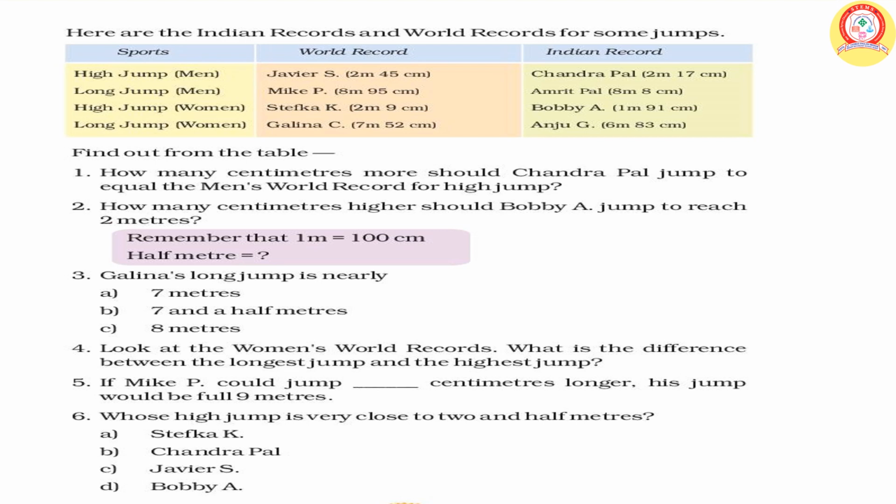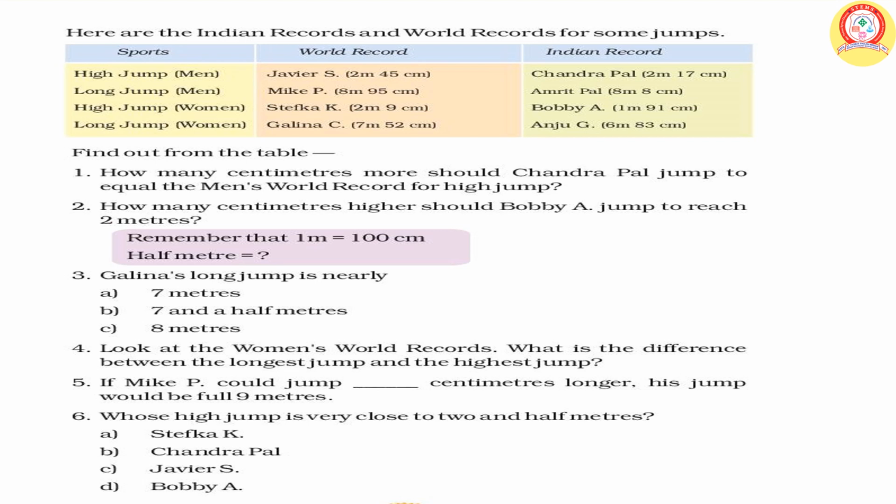So 2 meter minus 1 meter 91 centimeter, we will get the answer 9 centimeter because 1 meter is equal to 100 centimeter. So 2 meter is equal to 200 centimeter. Therefore, 200 centimeter minus 191 centimeter, we will get the answer 9 centimeter.